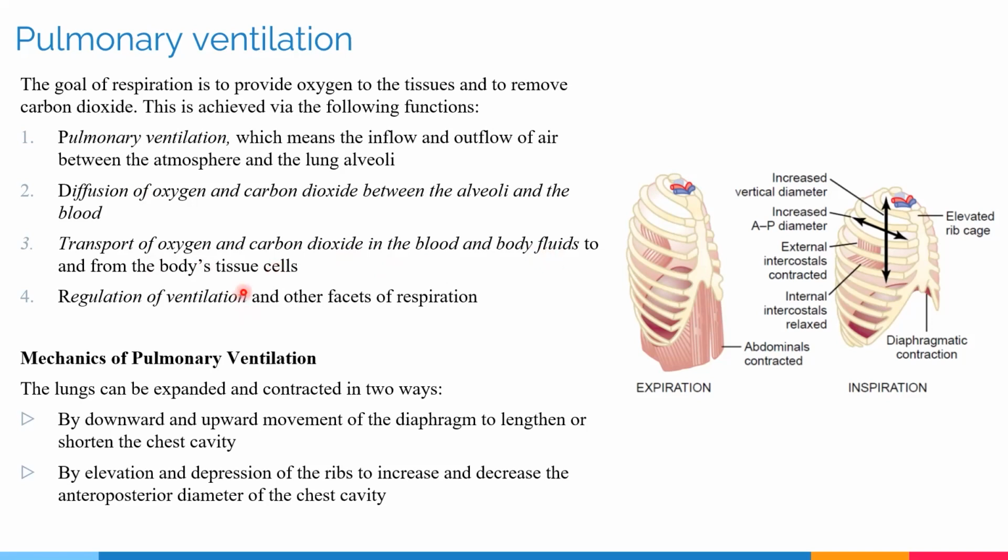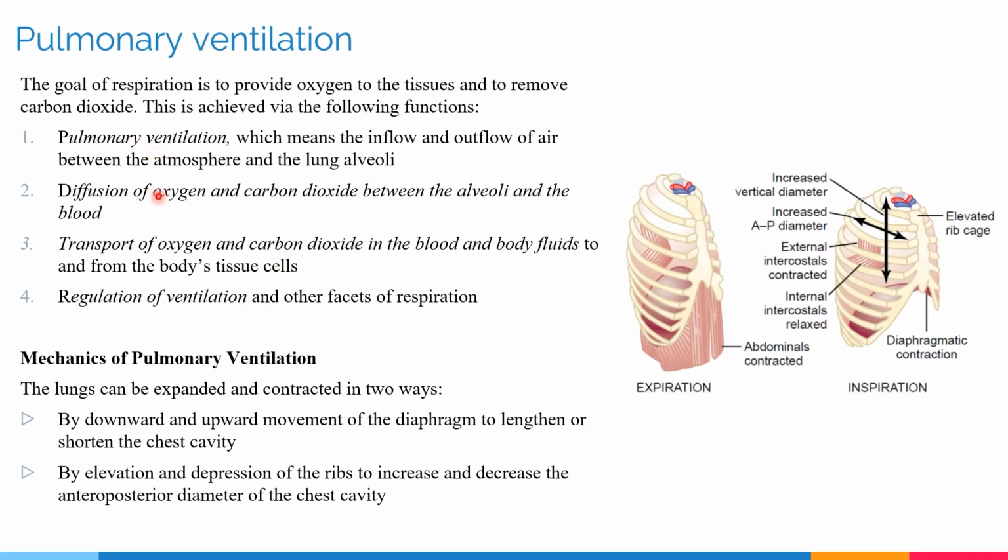So obviously, the various aspects of respiration can be divided into three major parts. First is the inflow of fresh air into our lungs, which falls under pulmonary ventilation, and the expiration or outflow of the same.